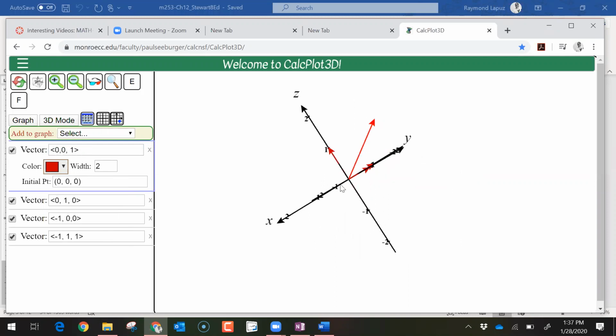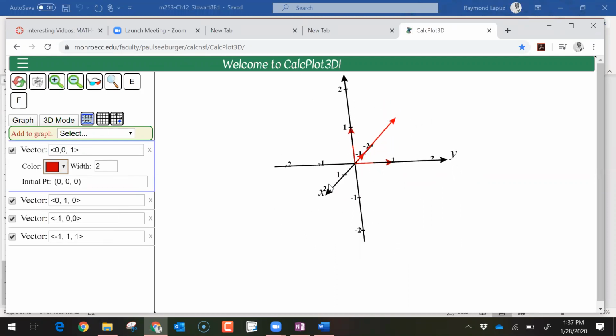Yeah, so I did all my examples that way because they all come from the origin.